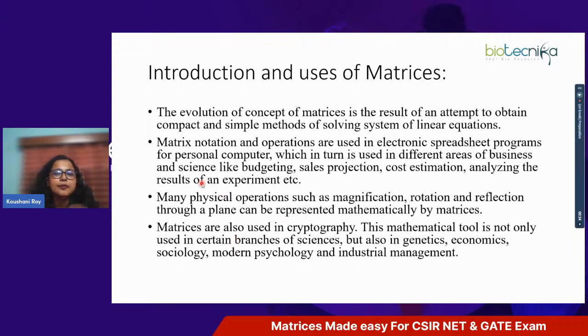These are a few uses of matrices. Matrix notation and operations are used in electronic spreadsheet programs for personal computers, which in turn are used in different areas of business and science like budgeting, sales projection, cost estimation, and analyzing results. Basically, a matrix gives you a better representation of data.